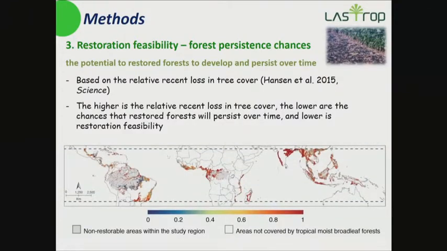So then we ran this analysis using the 30 by 30 meters resolution maps of global forest cover and global forest cover variation, and got this map on the persistence of restored forests. The areas with a more red color are the areas where forests may have a higher chance to persist over time, which are basically the areas far from deforestation frontiers.